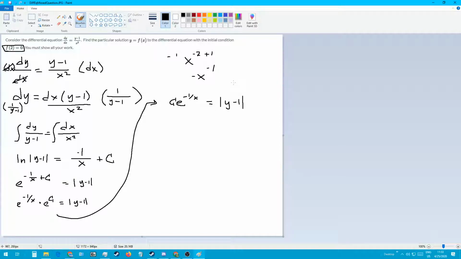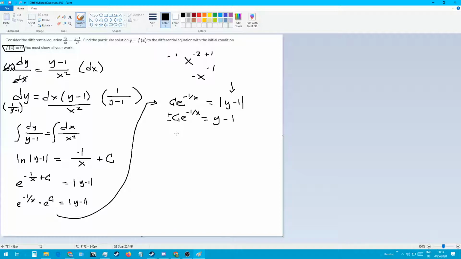So now, technically speaking, we would expand this into piecewise, but there's an easier shortcut, and that is converting it to plus or minus c e to the negative 1 over x. And that simplifies to y minus 1, regardless of what, since a constant could be positive or negative, so it's a bit redundant.